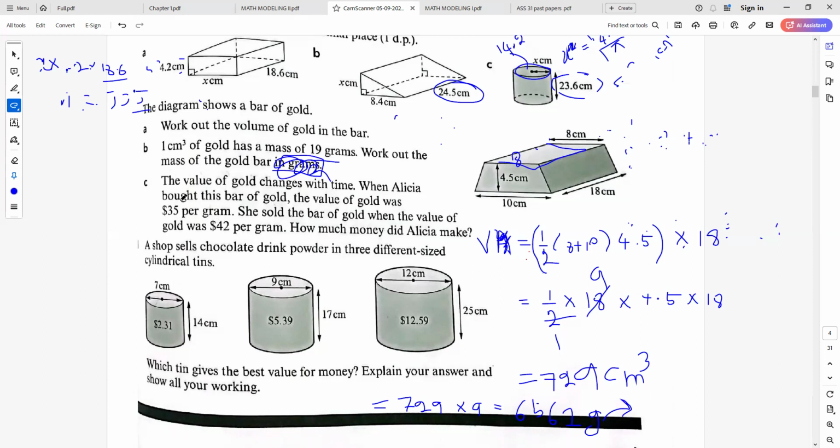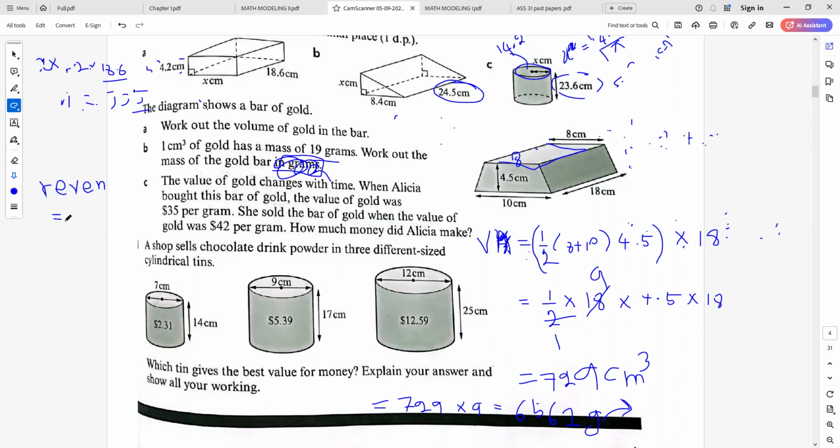Now she bought at this cost and she sold at this cost, and this is per gram, right? So the revenue is 42 minus 35 per gram. So how much does she make? She bought it for $35, then she sold it for $42.